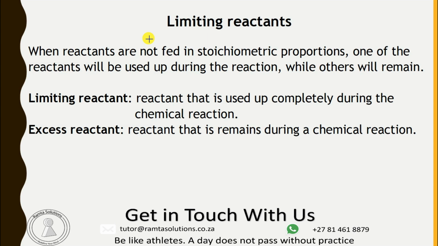So, okay, let us not waste time. Let's get into what is happening with limiting reactants. Like I said, when your reactants are not fed in stoichiometric proportions, one of them will be used up while the others will remain.